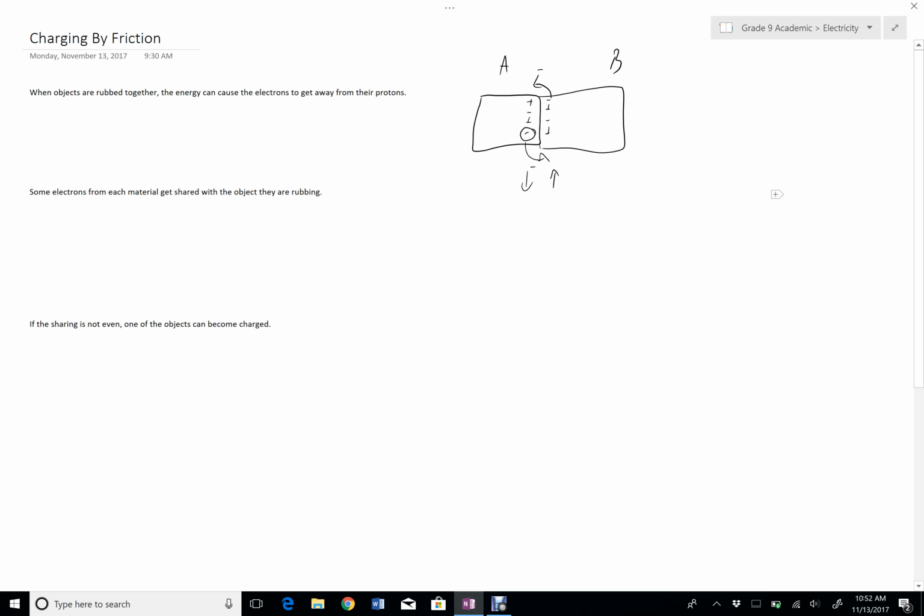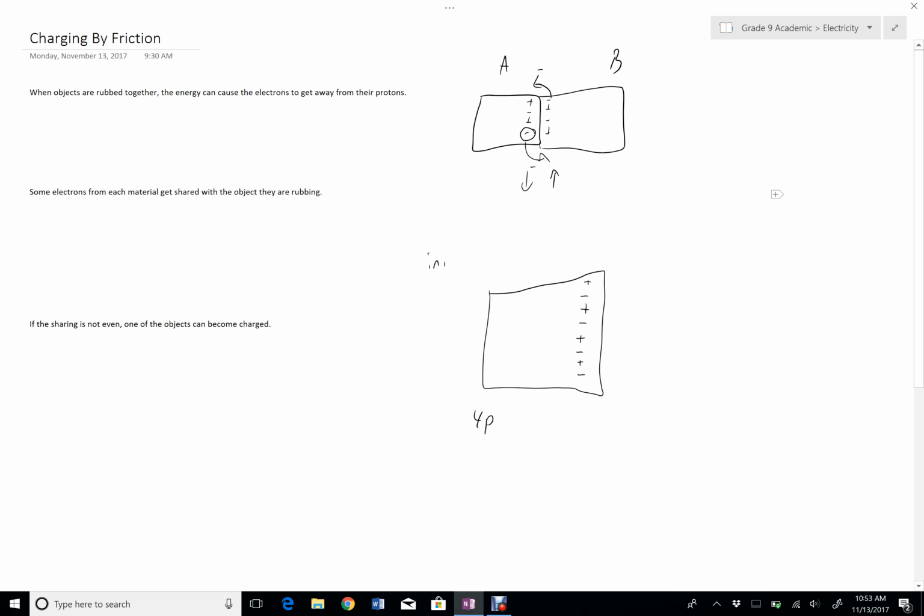If this exchange of electrons is not even, then the amount of electrons on each atom, or on each material after the rubbing is complete, might not be equal to the number of protons in that material anymore. So let's say object A starts like this with four protons and four electrons.